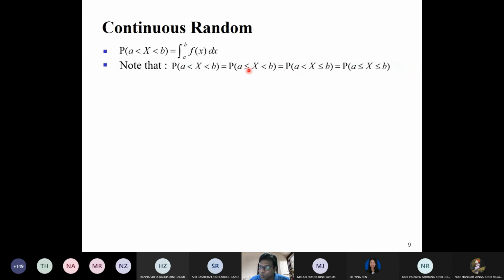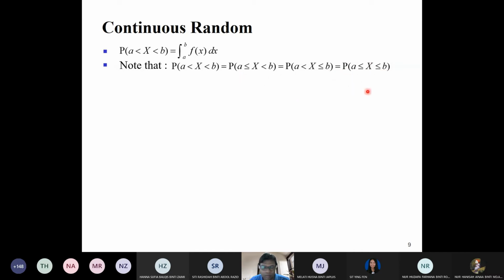If one side has the equal sign, the other side has to be without equal. So it has to be less than, and it's the other way around. All right, you can write it this way as well, A less than X less than B, or you can put it all together.